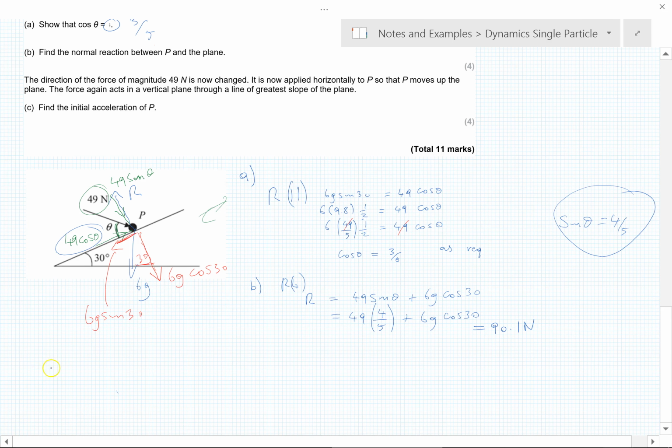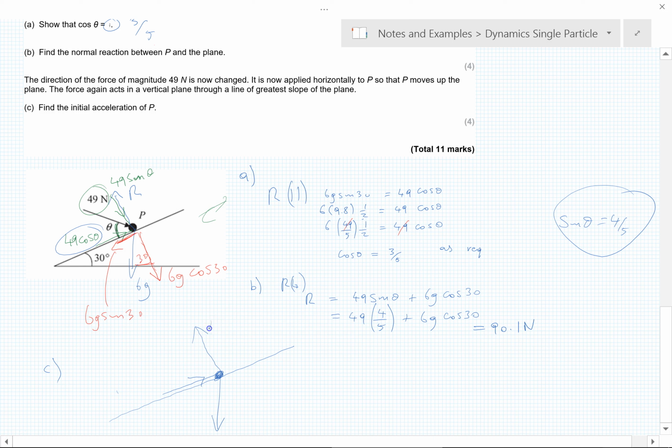So part C is the genuine dynamics bit of the question, because it's starting to move. We've got a different situation really. We've got this 49 Newton force now applied horizontally. We've still got the weight. We've got a reaction, but we don't actually need the reaction force here because there's no friction.